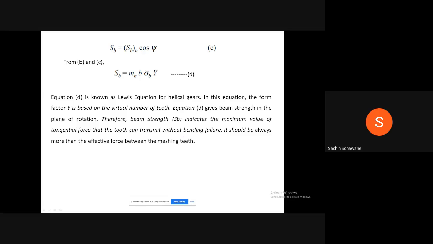Always remember, beam strength should be greater than the effective force between the two meshing teeth. Equation D is known as beam strength for helical gear. Write down this equation D.